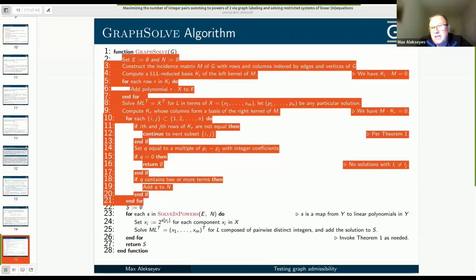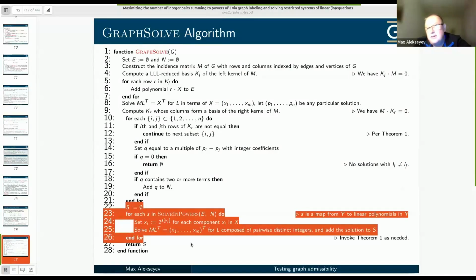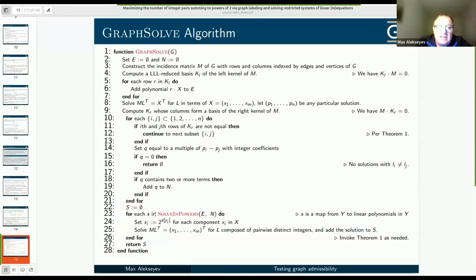And as soon as sets E and N are constructed, this is the part which takes care of solving the corresponding system. Please notice that it calls an algorithm which I call solve in powers, which gets these two sets E and N. For the moment, it is a black box, and I'm going to explain later how it is done. But let's assume we already have it, and then we just go over all solutions produced by this function. Then we compute the corresponding values of x in terms of y.